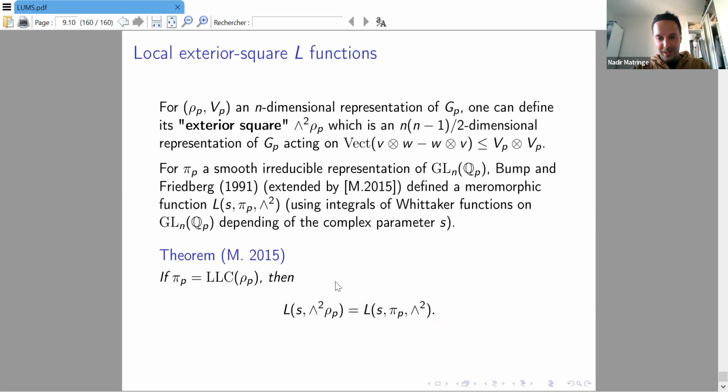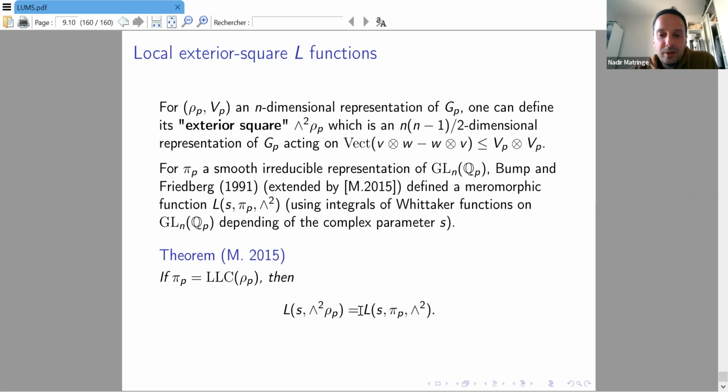So this type of equality gives you good analytic properties of the L functions on the left, which are difficult to obtain if you don't have such equalities at hand.